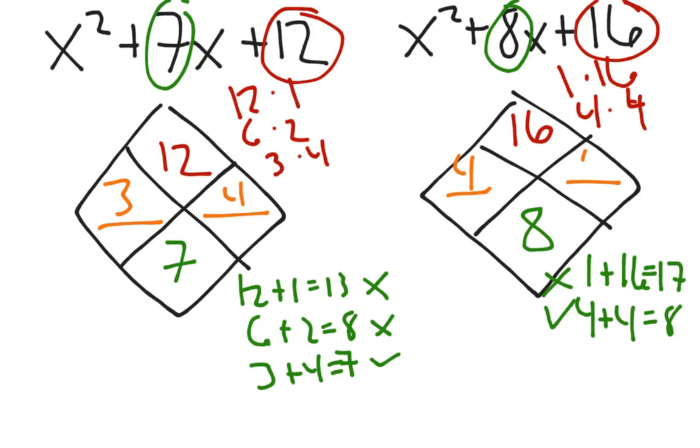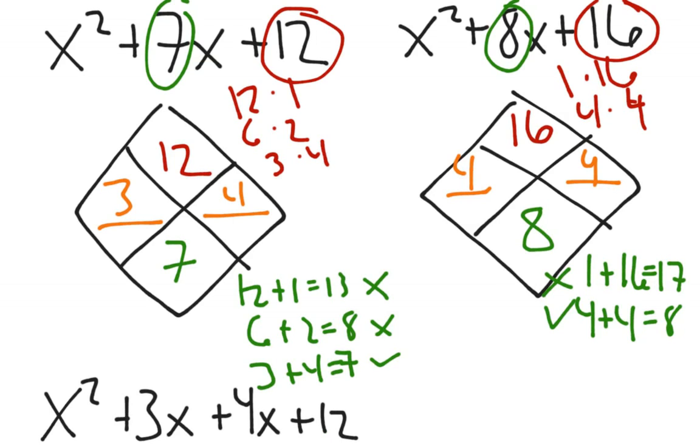So we have 4 and 4. So I can rewrite my first polynomial as x squared plus 3x plus 4x plus 12. And I can rewrite the second polynomial as x squared plus 4x plus 4x plus 8.